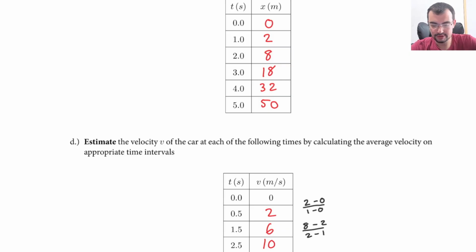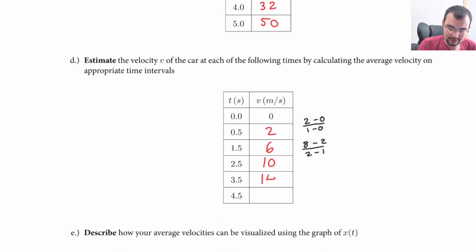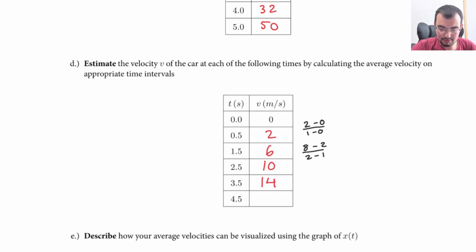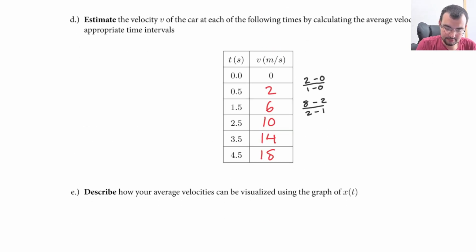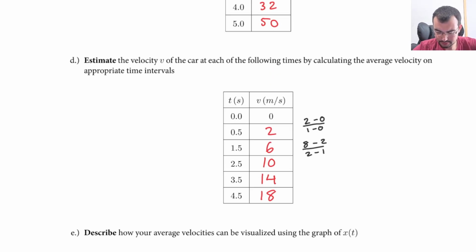Nope, can't do it. This is my 14. All right, good. That's when I call it quits. I can't do 32 minus 18. And then 50 minus 32 is 8. So technically, I am dividing each of those differences. I'm just doing one, right? Because it's 1 second intervals.